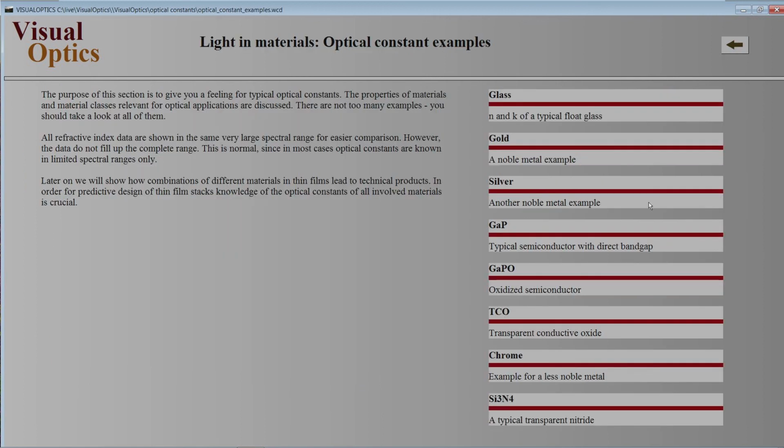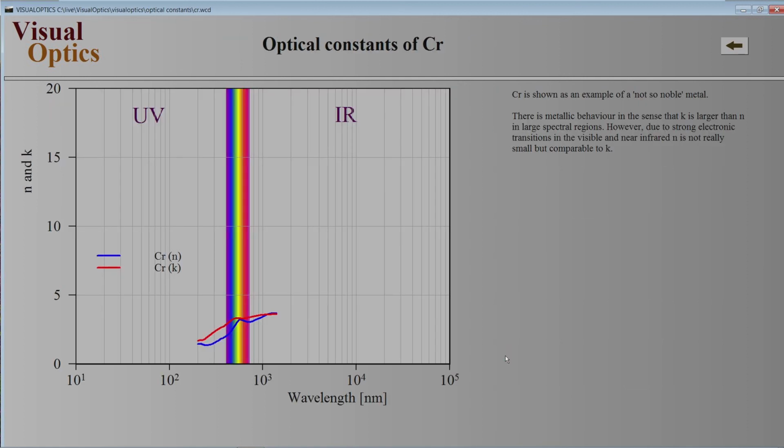Okay, let's go finally to metals. Let's take a normal metal like chromium. And I told you that N and K in the case of metals have the same order of magnitude here. They are about between 1 and 4. The same size almost everywhere.